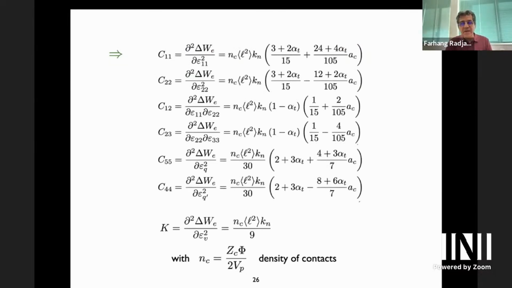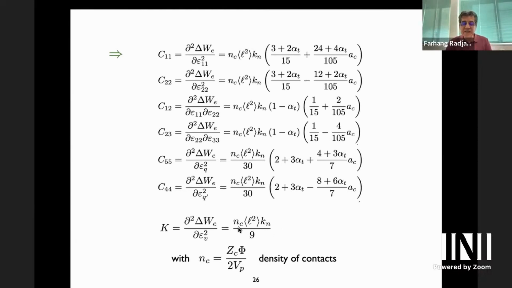And then we can derive this energy with respect to different strains in order to get the elastic moduli. And here they are written, as you see, and this is K. So for K, we have no dependence on AC. As you see here, all of them depend on AC, but K is not dependent on AC.